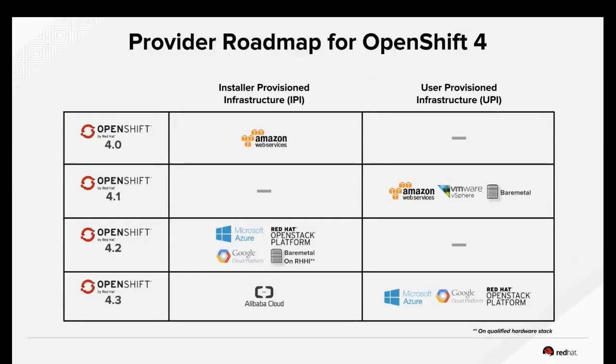Our goal then for 4.1, which is a very quick release right after in the May-June timeframe, is to give you AWS using UPI, VMware, and bare metal support via UPI. 4.2 is then going to give you IPI installation for Microsoft Azure, Google Cloud Platform, Red Hat OpenStack Platform, and bare metal on Red Hat, right? And then in OpenShift 4.3, we're going to give support for Alibaba Cloud, and then we're going to give you UPI support for Microsoft Azure, Google Cloud Platform, and Red Hat OpenStack Platform.